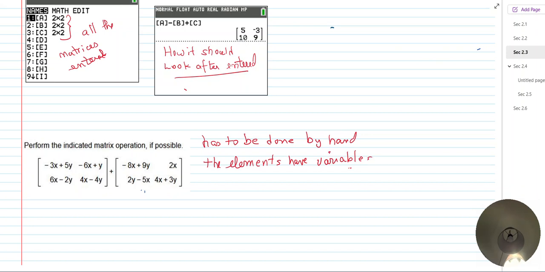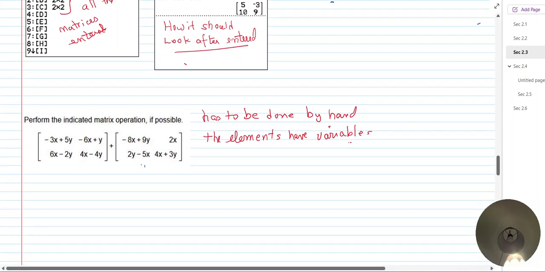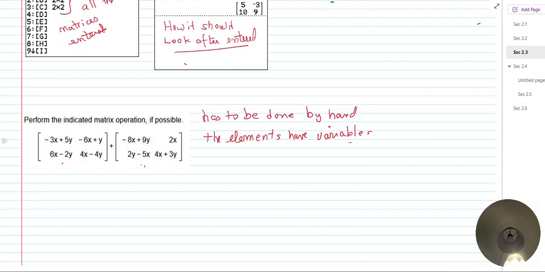All right. So they want us to add these terms. And first we notice that we have a 2 by 2 and a 2 by 2. All right, just looks kind of strange. So let's get started here.